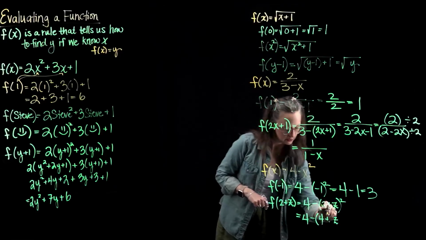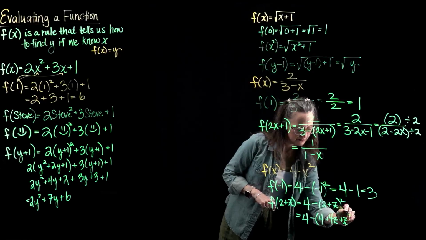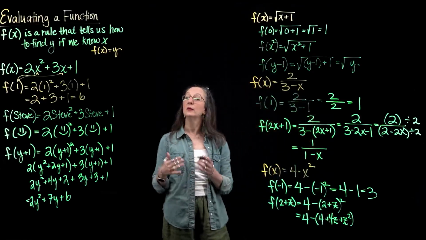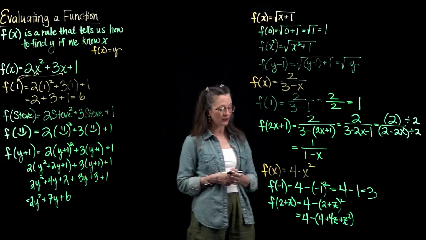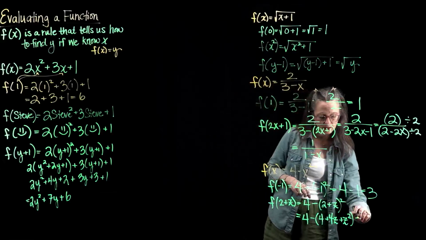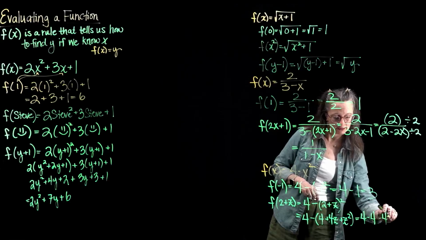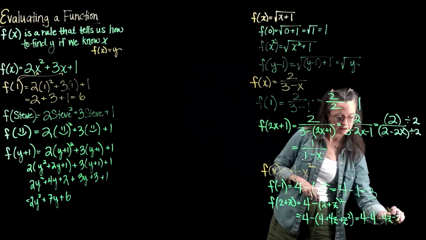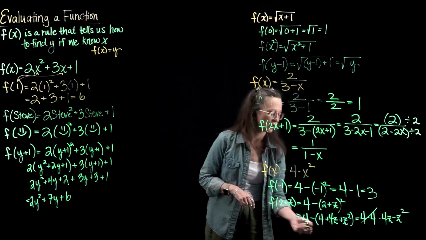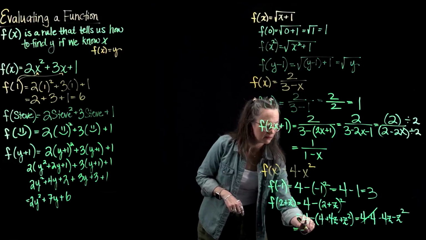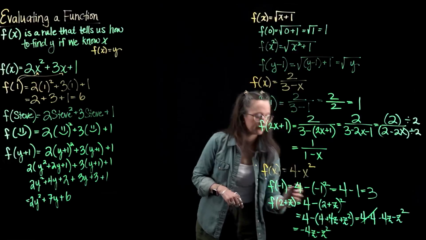Plus z squared. And remember, we have to be careful to distribute that negative to everything inside the parentheses. So 4 minus 4 minus 4z minus z squared. 4 and 4 cancel each other out, and we're just left with minus 4z minus z squared.